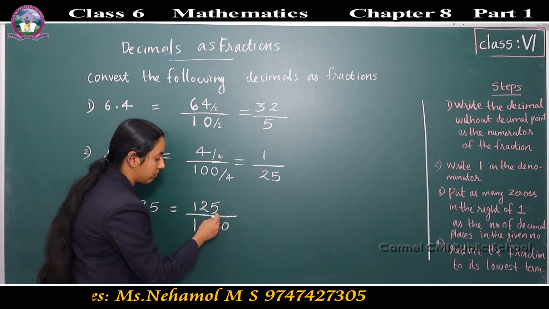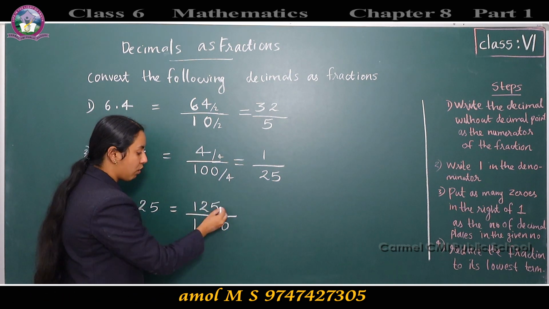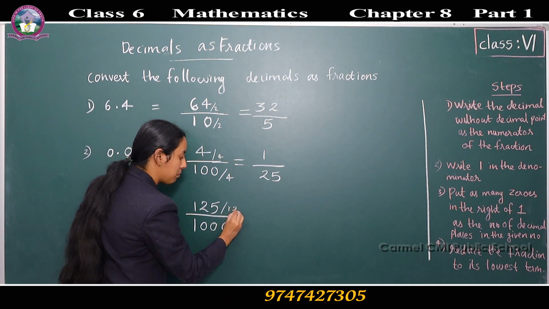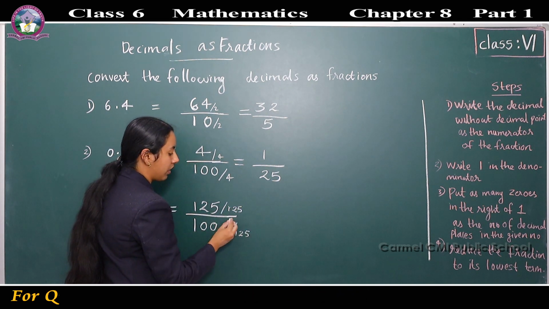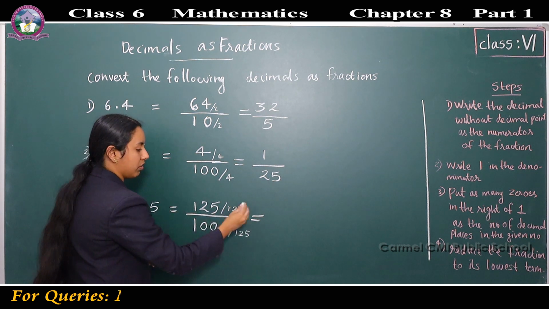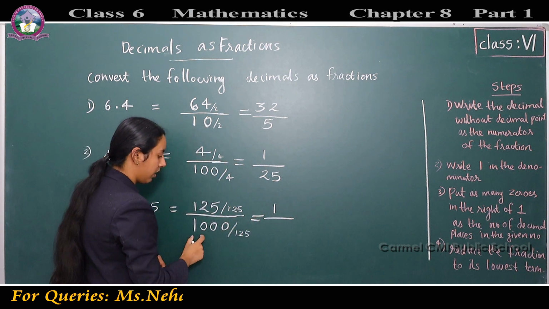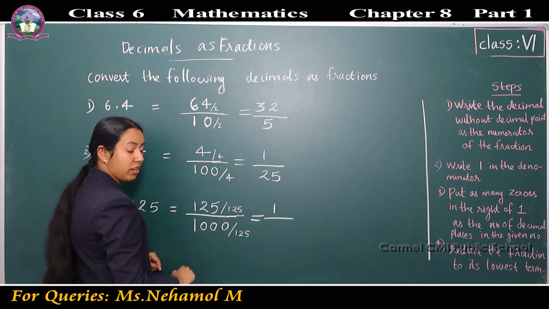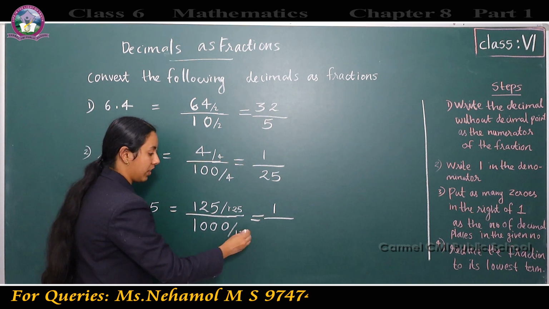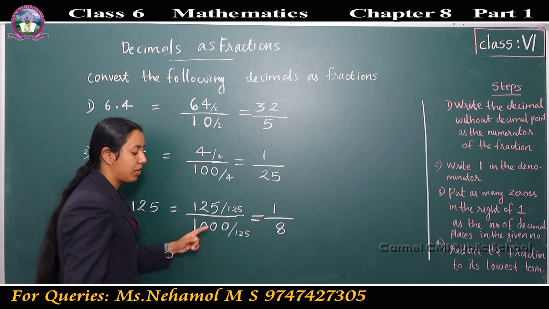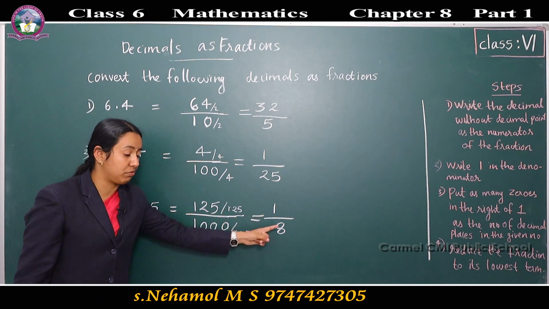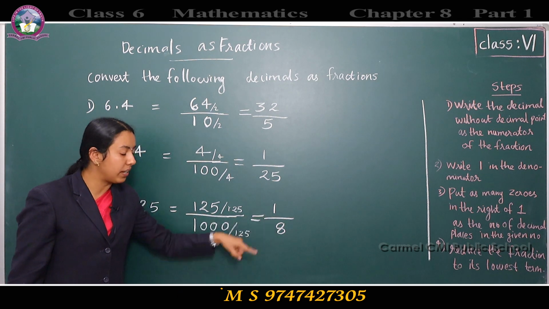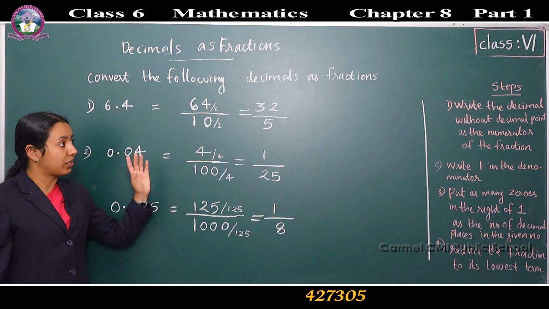Then we can convert this fraction to its lowest term. 125 is divisible by 125, and 1000 is also divisible by 125. 1 by 1000 divided by 125 is 8. So 1 by 8 is the corresponding fraction.